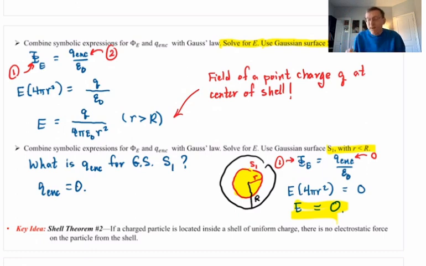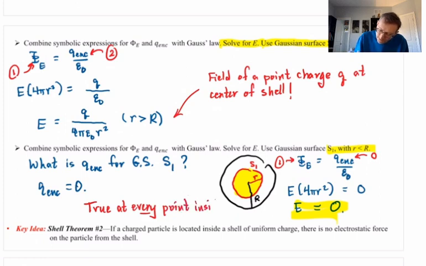And I would still always come to the conclusion that E equals 0. And so the point is, the electric field inside the shell is 0 at every point inside the shell. That is true.